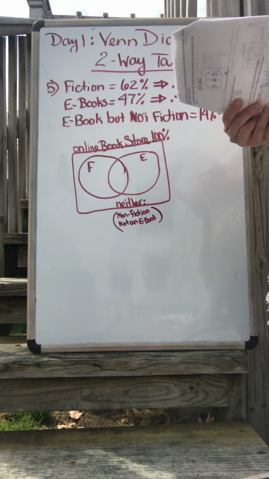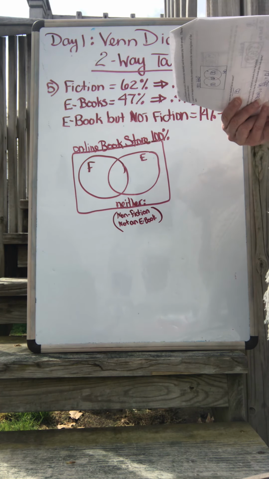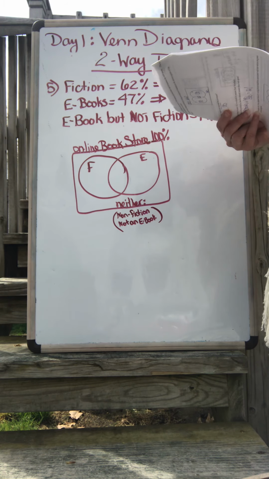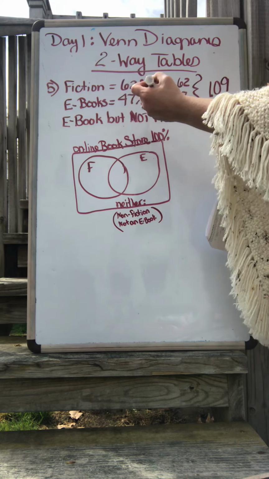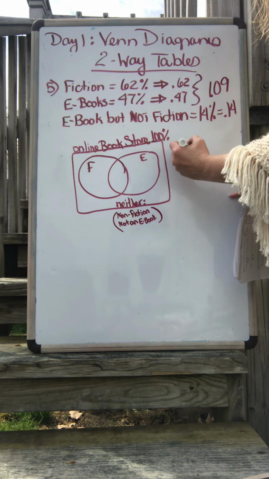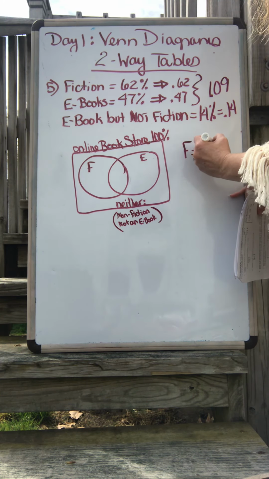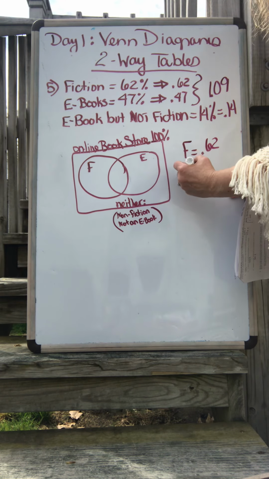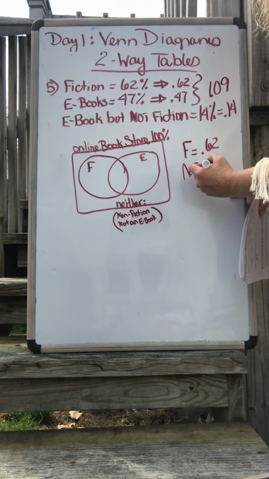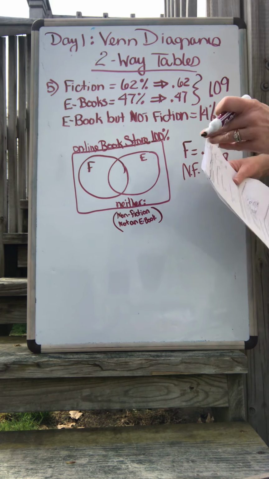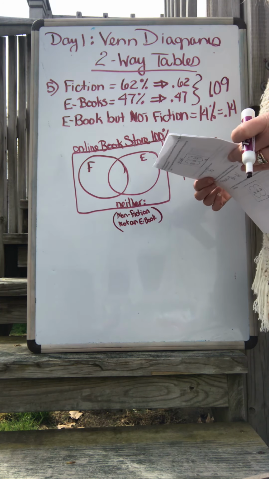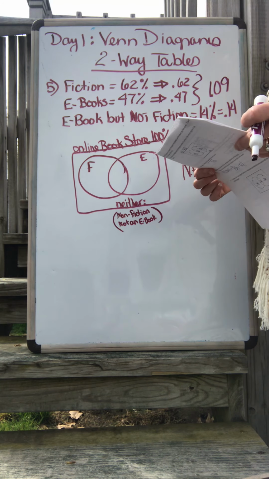So we have to look through this a little bit more. If 62% of the books are fiction, then nonfiction is going to have to be 38% of the books, just as something to think about.